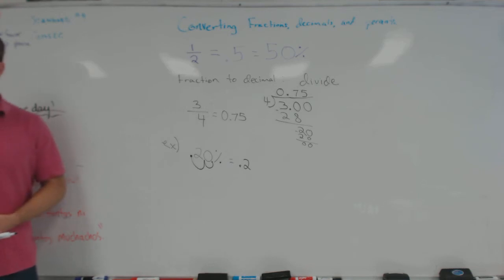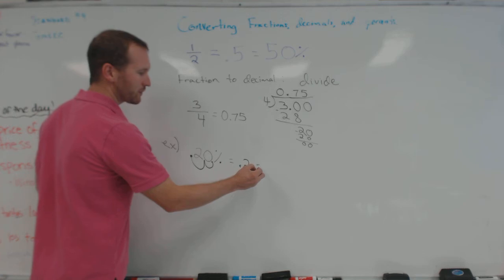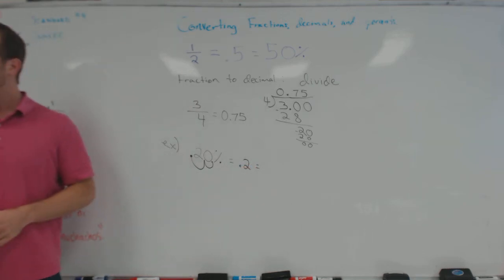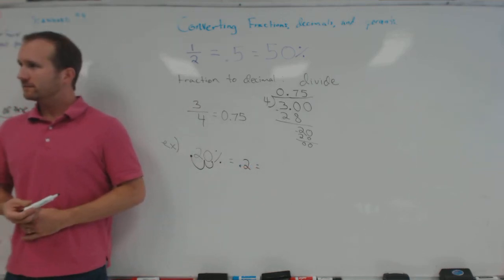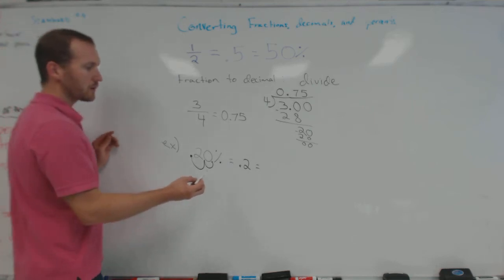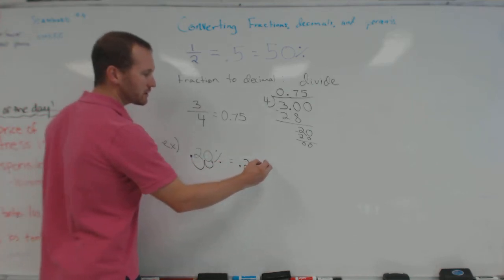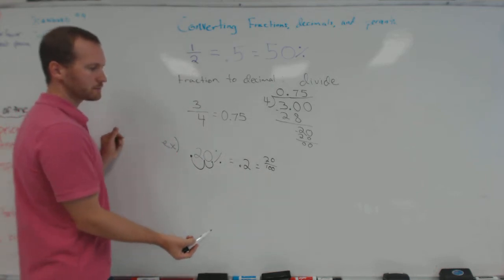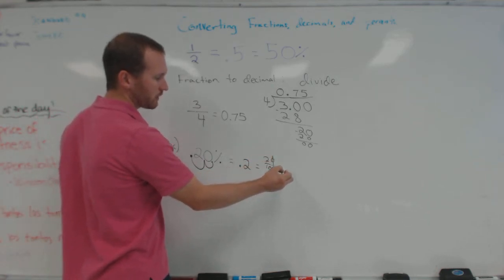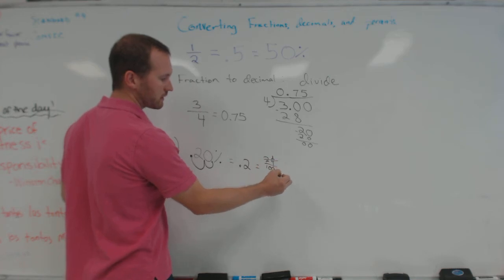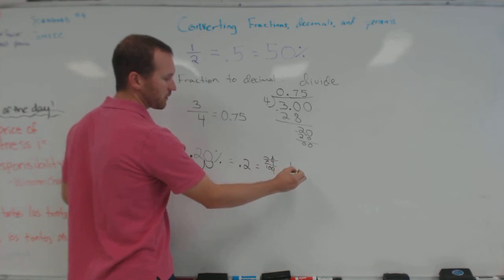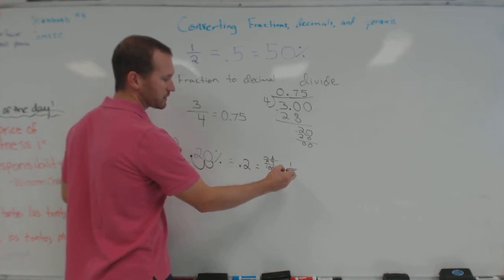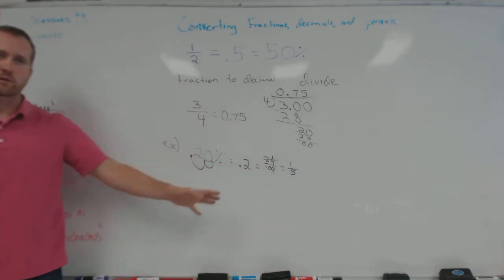Okay, fraction. Let's make it into a fraction. How would I write this number as a fraction? Okay, so I could go back to my fraction, 20 over 100. Good. And then reduce. So 20 goes into both of these, right? Goes in once to 20, and it goes in 5 times to 100, so my number is 1/5.